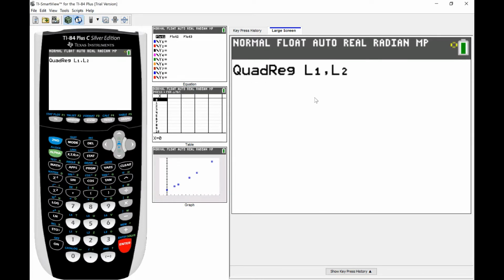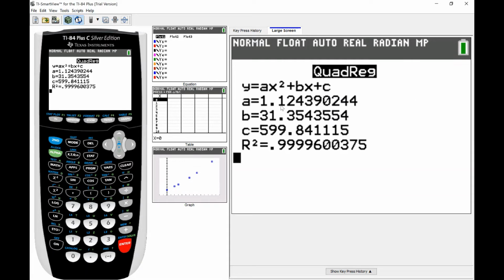And here is my equation for my quadratic regression. I've got my A, B, and C values, and whoa, I have an r squared value that's pretty much 1, 0.99996. That's closer than our linear regression. So as of right now, our quadratic regression would be the equation that would best fit the data.